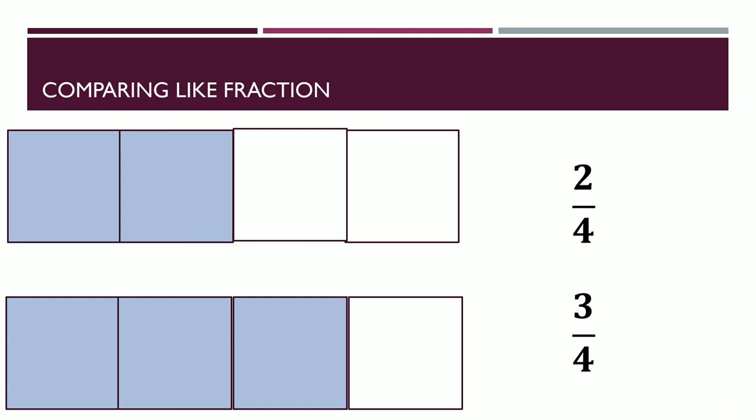The 3 parts. So the first figure is written as 2 upon 4 and the second figure is written as 3 upon 4, and we know that the colored part 3 is bigger. So when the denominator is the same, in 2 upon 4 and 3 upon 4, 3 upon 4 is the greater fraction.